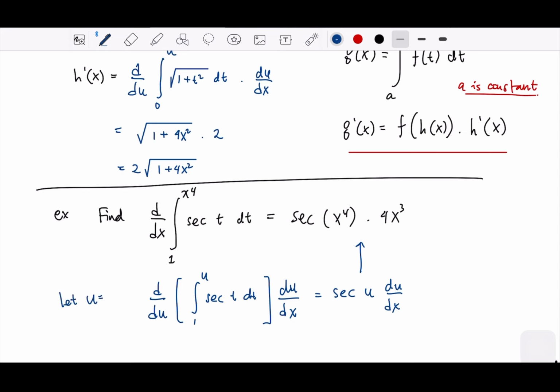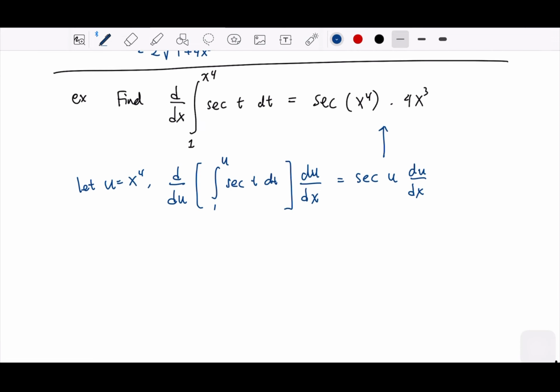So let u equal x to the power of 4. Okay, so this example is for at least part 1 of the fundamental theorem of calculus.